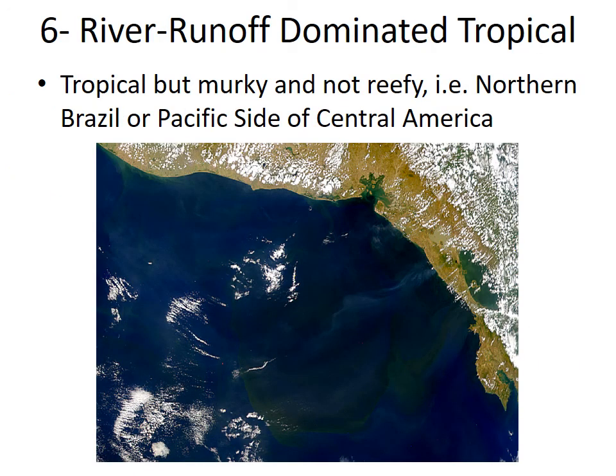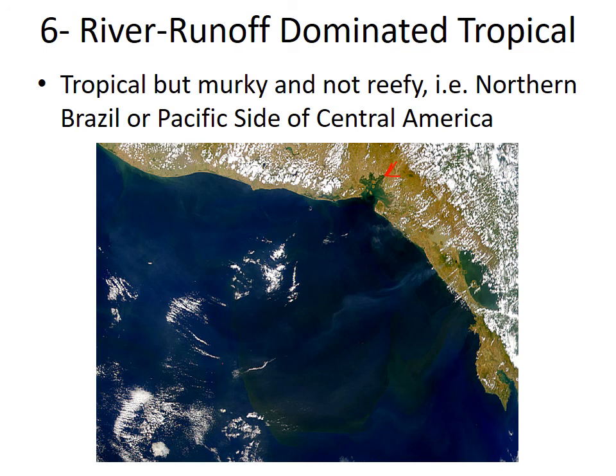In the tropics, Longhurst divided them into two kinds of continental shelf ecosystems. There's the river runoff dominated tropical continental shelf ecosystem type, where it's warm year round, plenty of sunlight, but it's murky, and there's not a lot of coral reefs because there's too much nutrients being brought in from the rainy runoff and rivers gushing into the ocean.